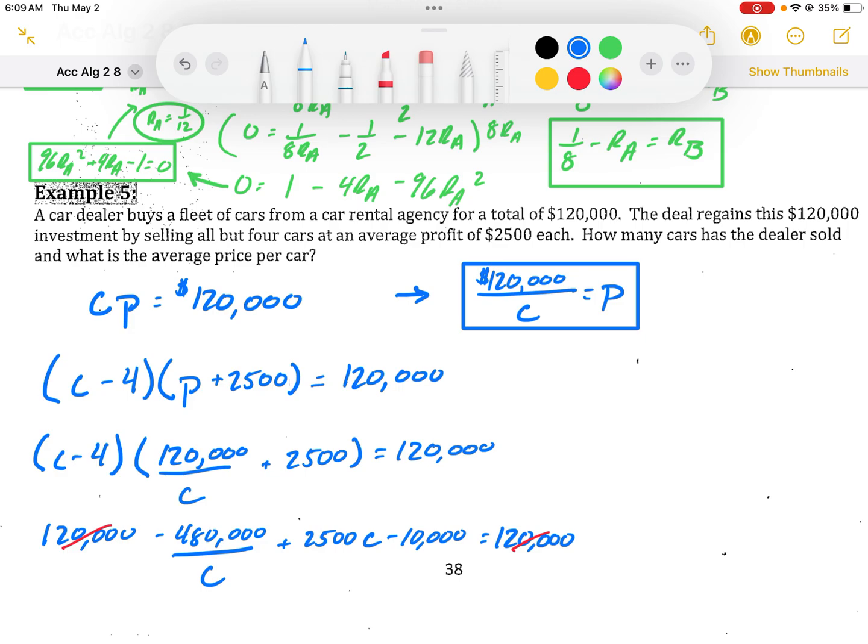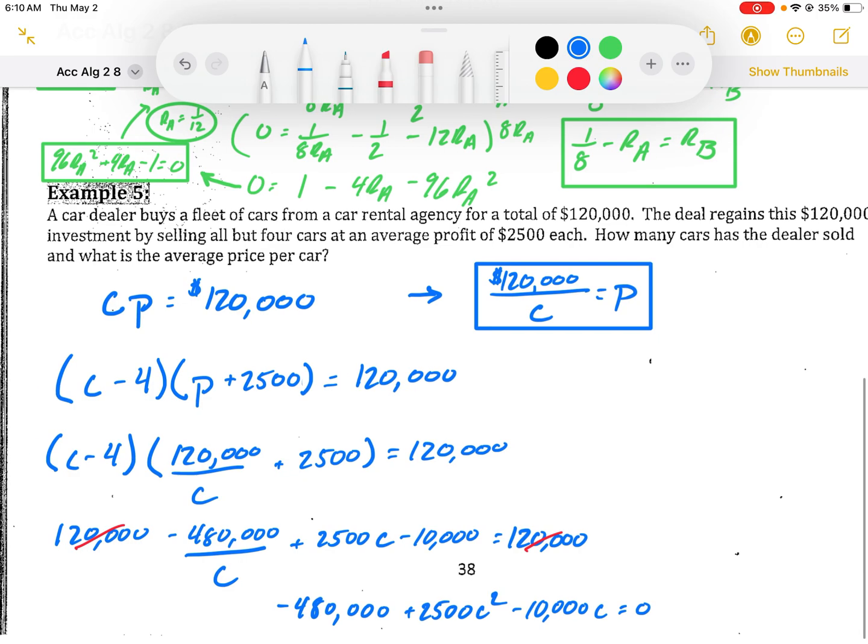Okay, you can multiply everything by C just like we did in the last ones. So that's going to give me negative 480,000 plus 2,500C squared minus 10,000C equals 0. I'll just rewrite in standard form just so it's a little easier figuring out A, B, and C for the quadratic formula.